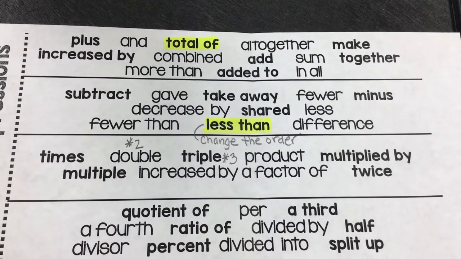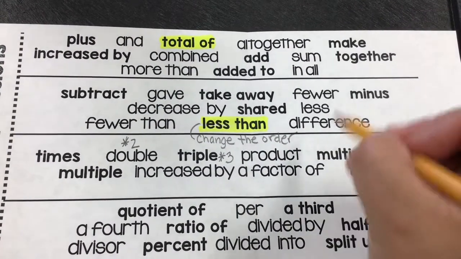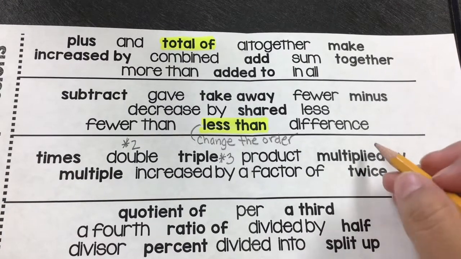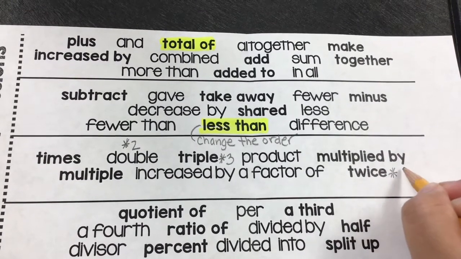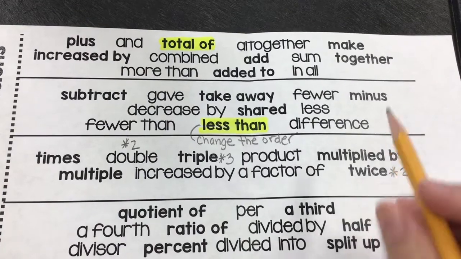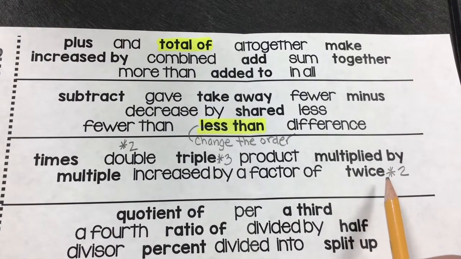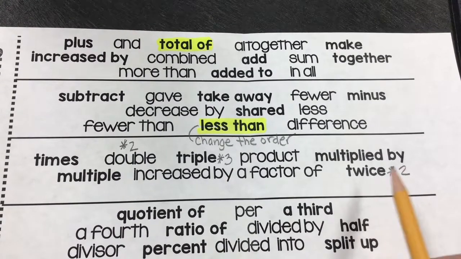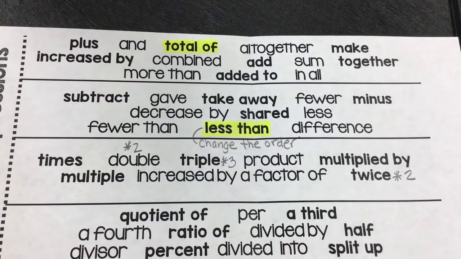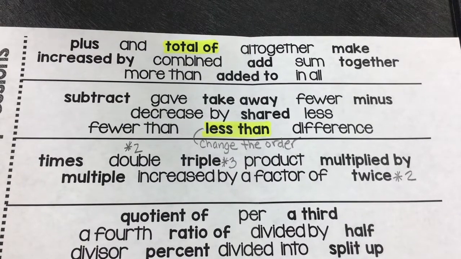Product, multiplied. The other one that I want is twice. What does twice mean? 2 times. Very good. All right, so I'm using this notation because we are not supposed to use the dot anymore. We're supposed to use parentheses, but right now it's kind of hard to say times 2 just with the parentheses, and that's why I use that notation.